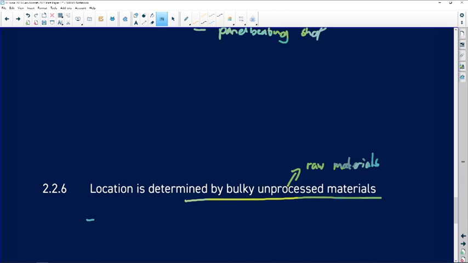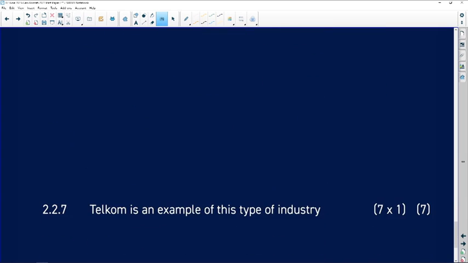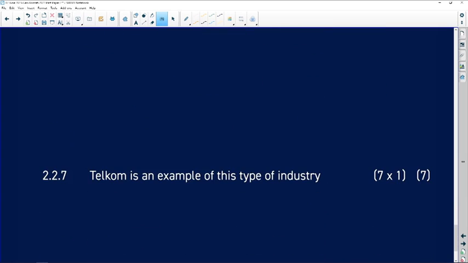So that will be raw material orientated industries. And last but not least, telecom is an example of this type of industry. It's everywhere, so it's a footloose industry.